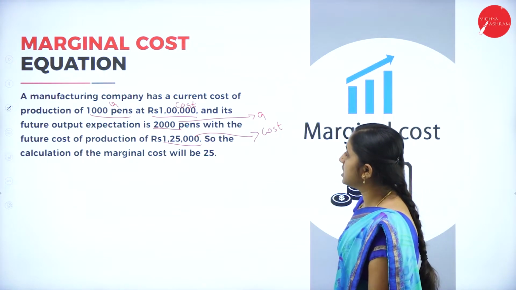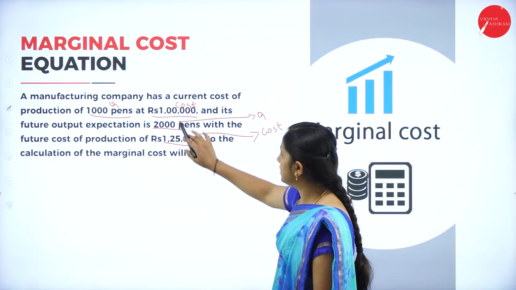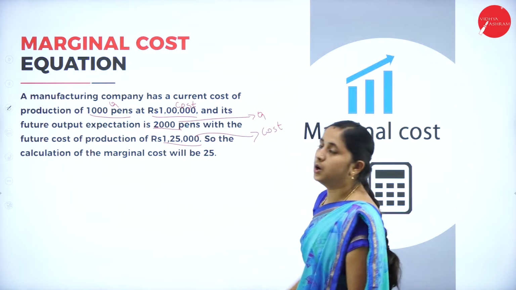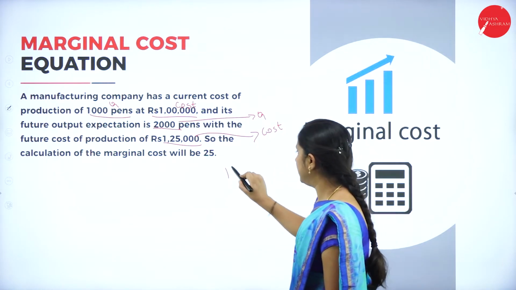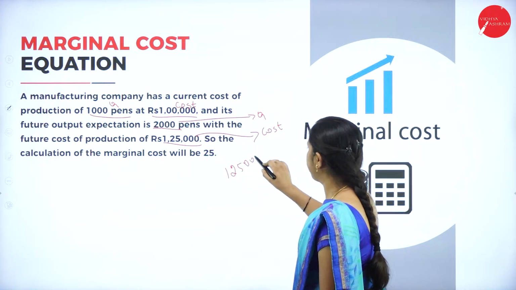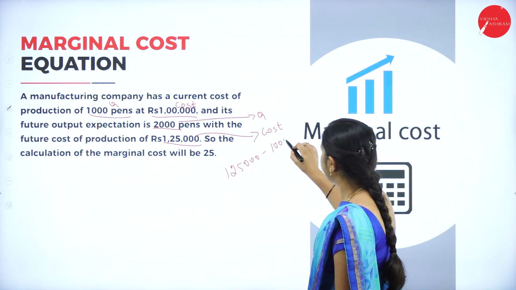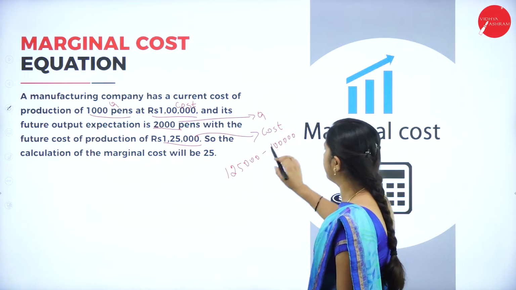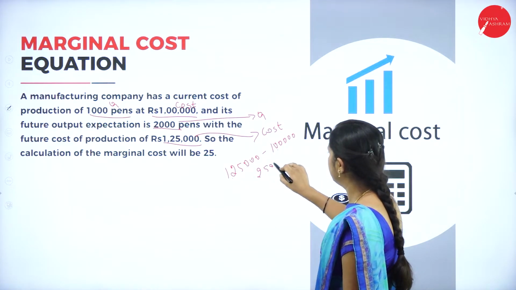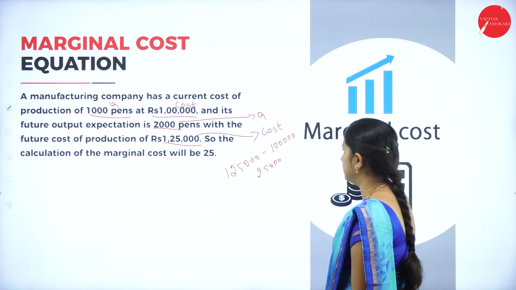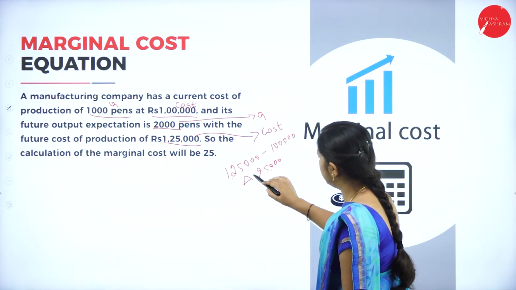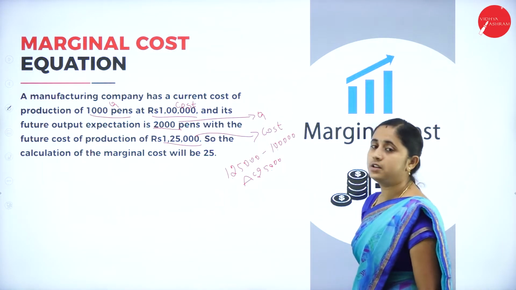Here, first, the change in cost. Consider the costs 1 lakh and 1,25,000. So, 1,25,000 minus 1 lakh, the difference is 25,000. So, 25,000 is the change in cost.